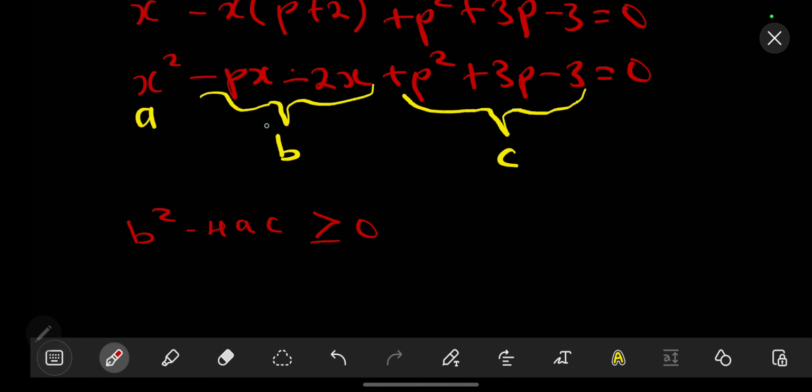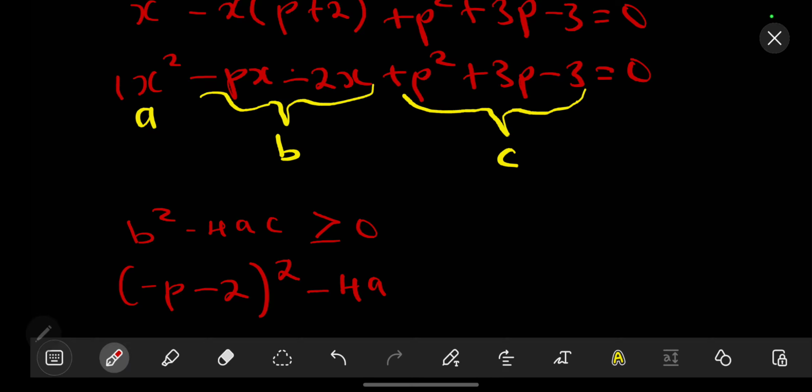So our b squared is equal to negative p minus 2. So you just get the coefficients that are attached to x, minus p and negative 2, and then we have squared there. Then we are going to say minus 4.